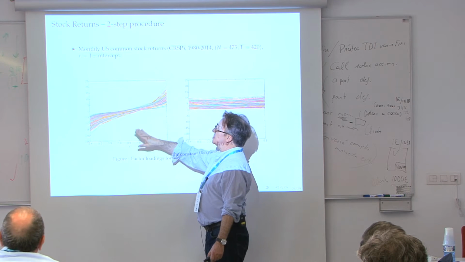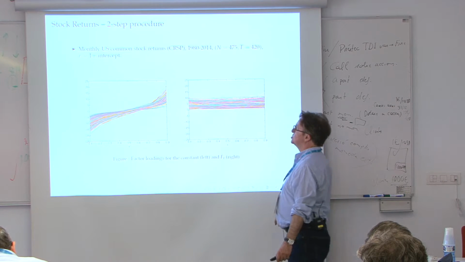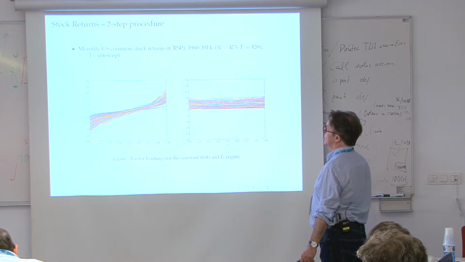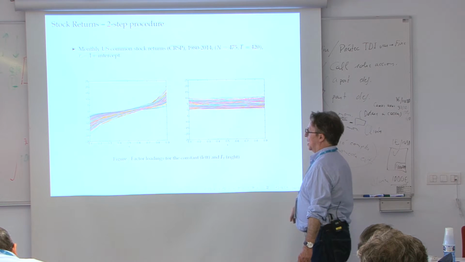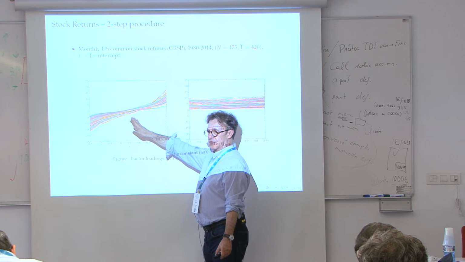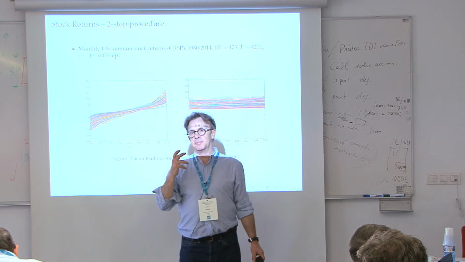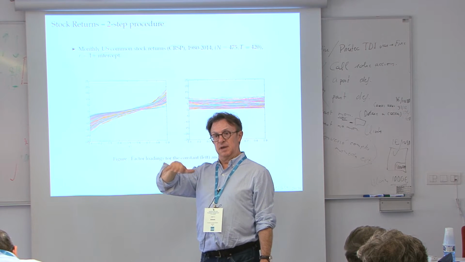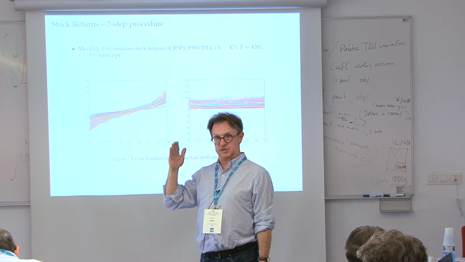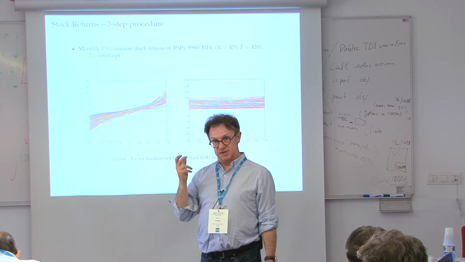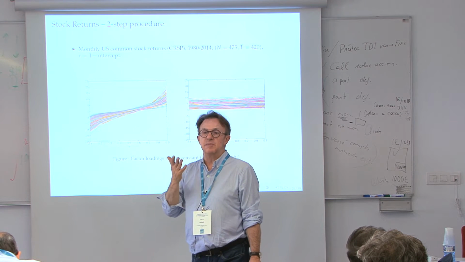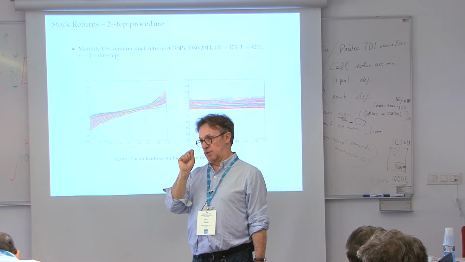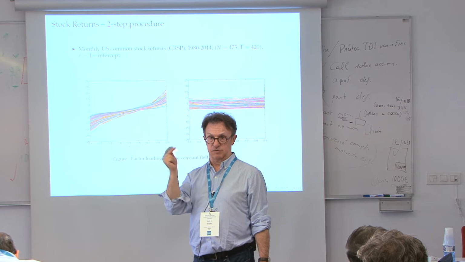This is applying the two-step procedure to this big data set of common stock returns. Of course, with the two-stage procedure, the best we could do is get some quantile variation at the intercepts and at the slope. If there is quantile variation at both the intercepts and the slope, that would be a signal that the model is one where you have location scale with the same factors applying.